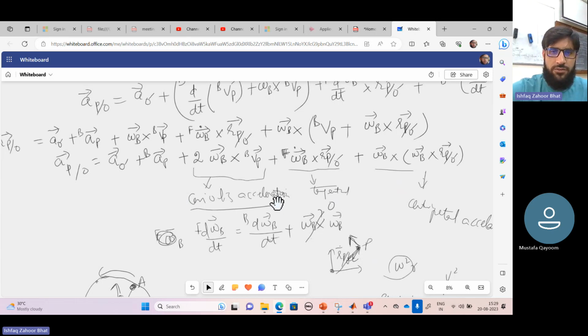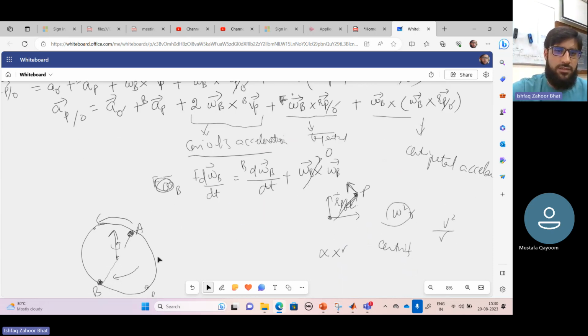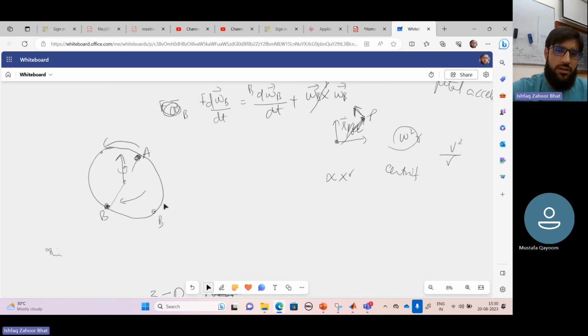This is known as the Coriolis acceleration. We also saw that this effect can be seen on a rotating track. So we are two friends, and one of my friends is staying diametrically opposite on a circular track which is rotating, and I am throwing a ball towards him.